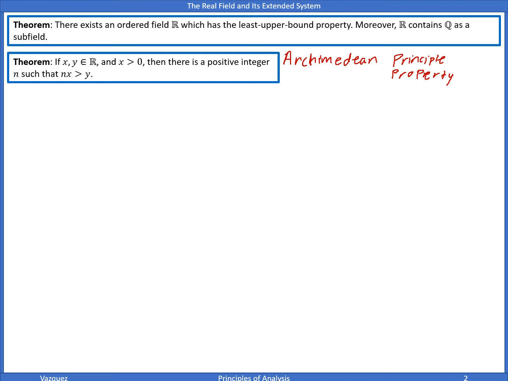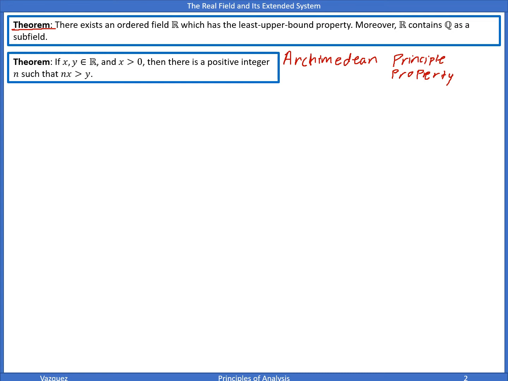And before I even prove the Archimedean property, this theorem up here, the first one, this is a really long proof. I think everyone should at least read it through once, just for this class. It's quite interesting.